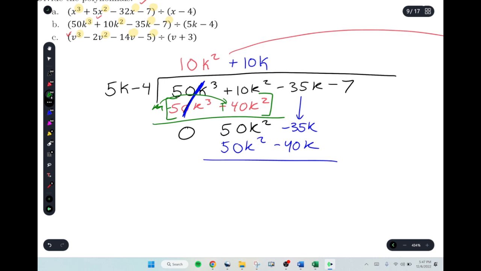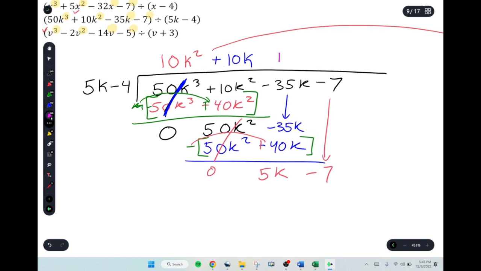The minus sign cancels out. That's good, it should. Distribute, plus turns into 5k. That's awesome. Plus 1, you think? 5k minus 4.